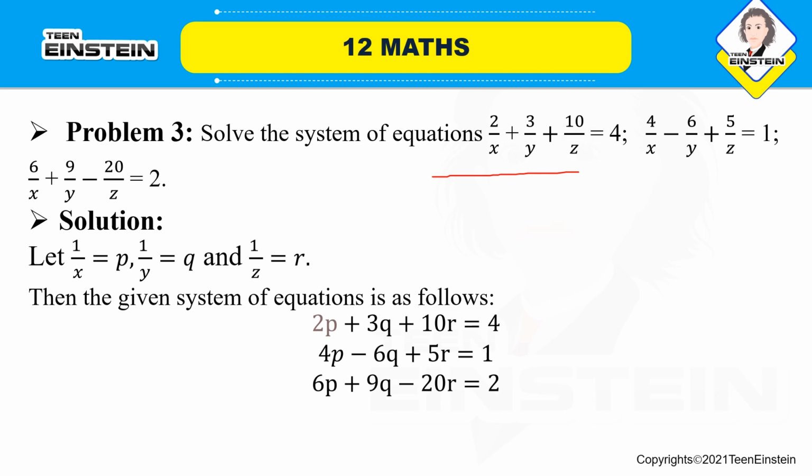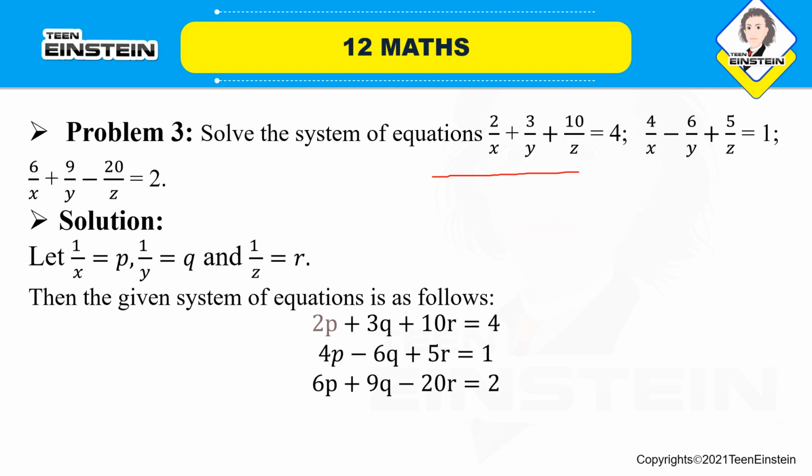But I have learned how to solve the ordinary equations like x plus y plus z. So I am considering 1 by x equal to p, 1 by y equal to q, and 1 by z equal to r.